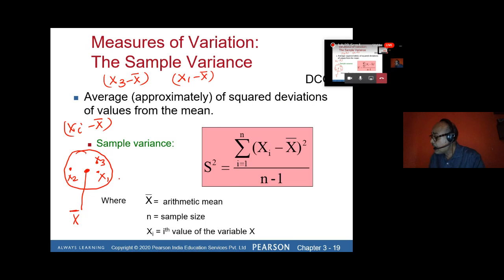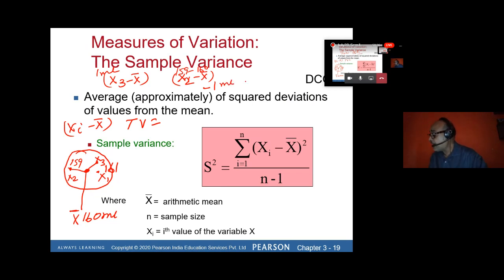If X3 is 161 ml and the central tendency is 160 ml, X3 minus X bar is 1 ml, whereas if X2 is 159 ml, then 159 minus 160, the variation between X2 and X bar is minus 1 ml.